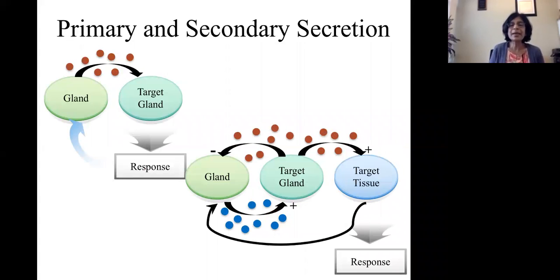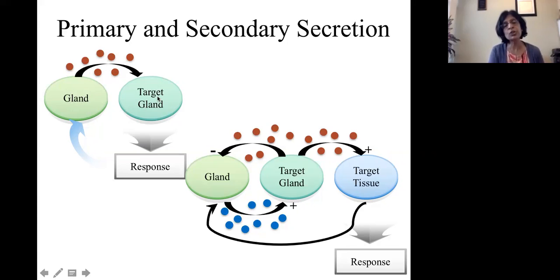All right, primary and secondary secretion. Okay, what that means here is if a gland makes a hormone and it controls the target structure, that means it's primary. Okay, this is the hormone that's made and it's acting at the target gland. And if you need that hormone in larger amounts, you have negative feedback. So that is how you control.